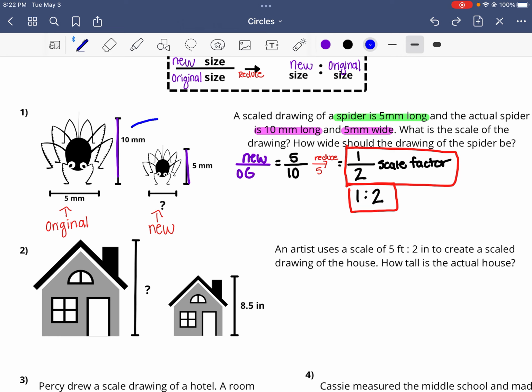So if I went by halving with my length, I also have to halve my width. So that means that my new width, remember width is the bottom one, is going to be my original one.